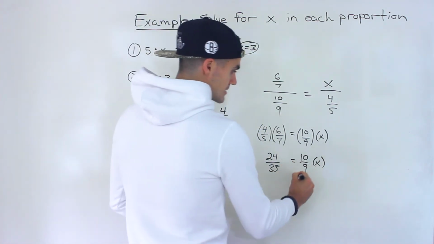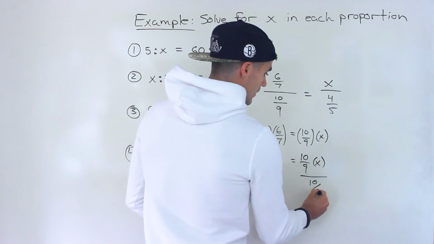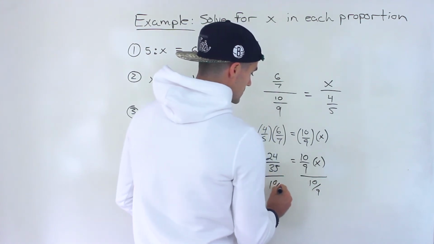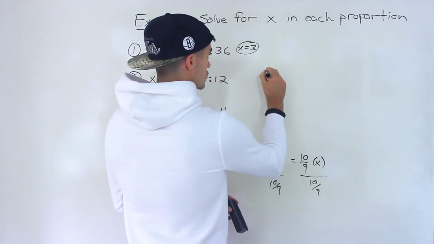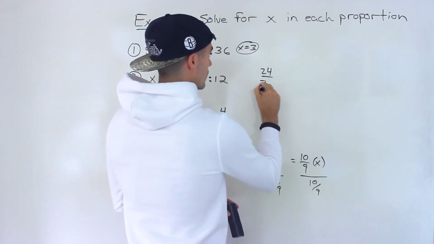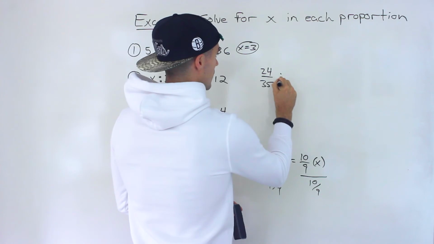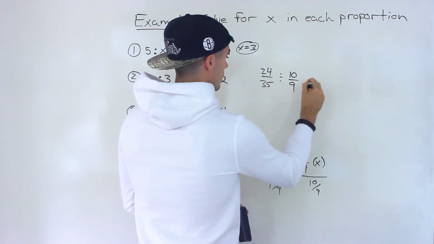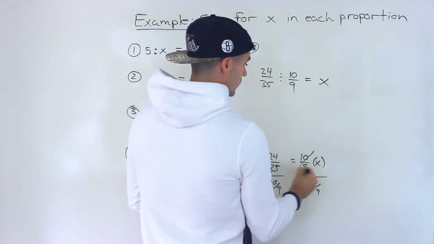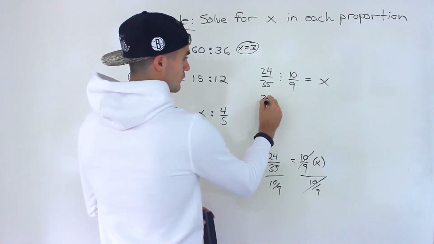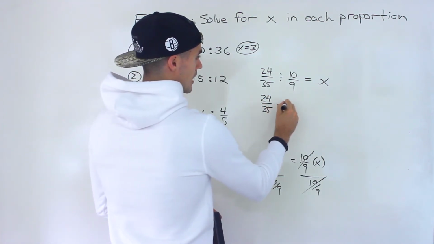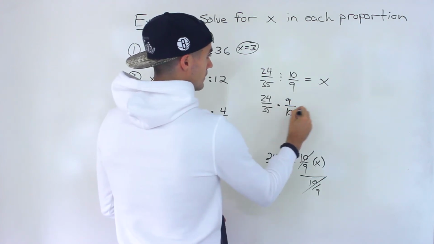And then to isolate for the x, we could divide by 10 over 9. We could divide both sides by 10 over 9. So we'd end up with 24 over 35 divided by 10 over 9. And that would be x, like that. And so from here, 24 over 35 times 9 over 10.